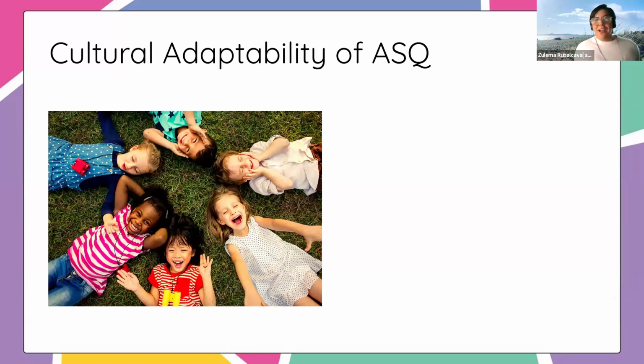So talking about equity and all types of families, we do know that the ASQ, one of the reasons why I promote it so much, I've been working in early identification systems for a long time, and there are other screening tools out there, but the reason why I like the ASQ the most is really its adaptability.